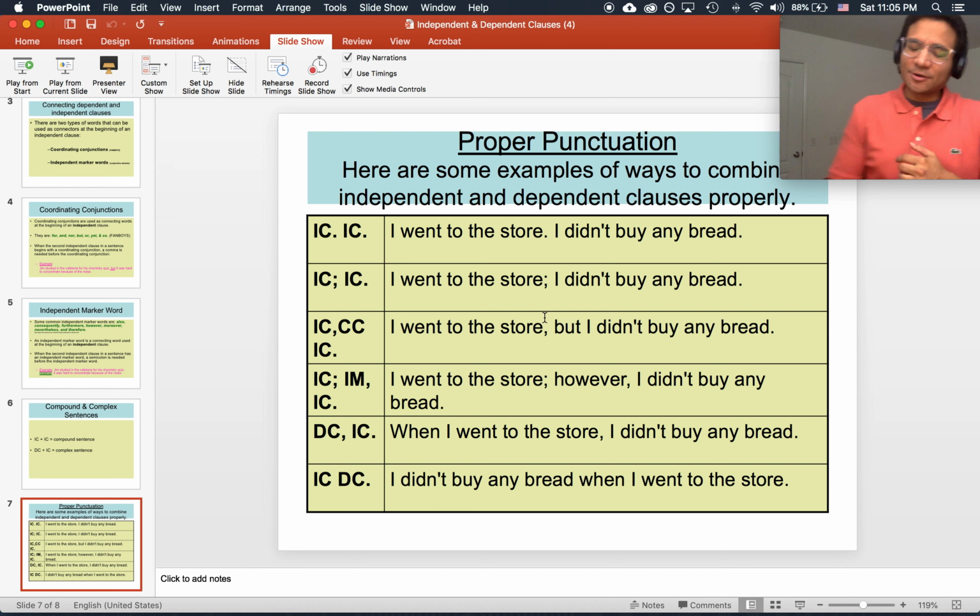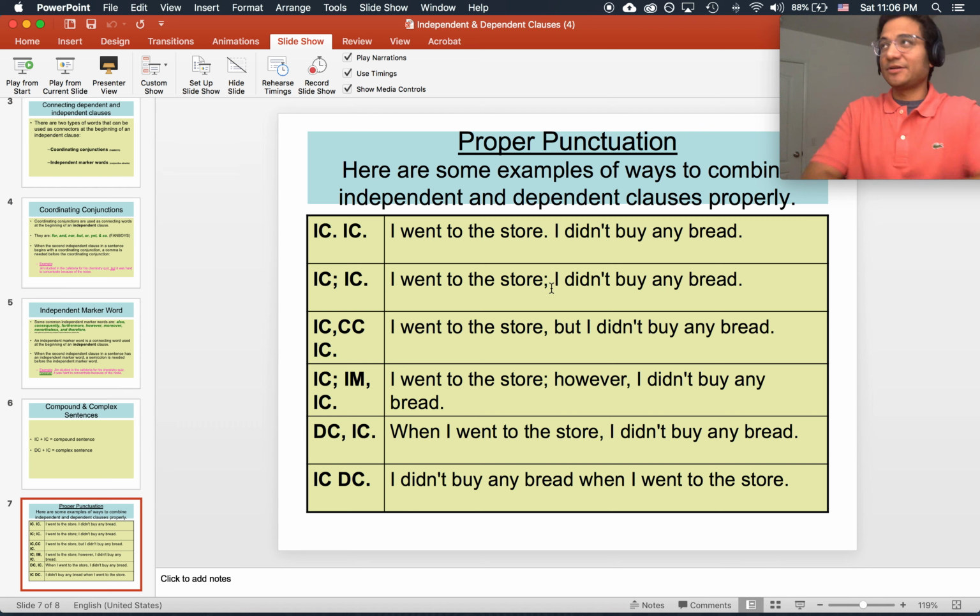Okay. The semicolon, here's something that you need to remember. The semicolon is used only when you have two independent clauses that are directly related to one another. Just like this one. I went to the store, semicolon, I didn't buy any bread. You not buying bread is still directly related to you going to the store. Same thing.